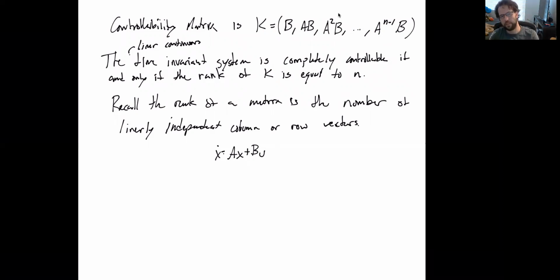Well, if the matrix has rank n, which means that there's n linearly independent column vectors or row vectors. K is usually much larger than just n. It tends to be a long matrix.